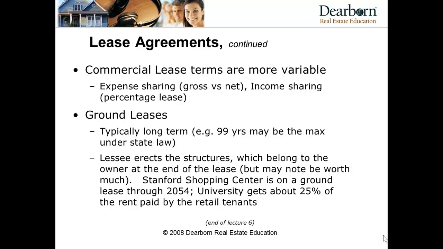The last point I highlight here, just kind of interesting, the Stanford Shopping Center is one of the larger and more interesting ground leases here in the Silicon Valley. That goes through 2054. Stanford University owns the land. The university gets about 25% of the rent paid by the retail tenants. The retail tenants pay that rent to the lessee, and that's currently Simon Property Group.